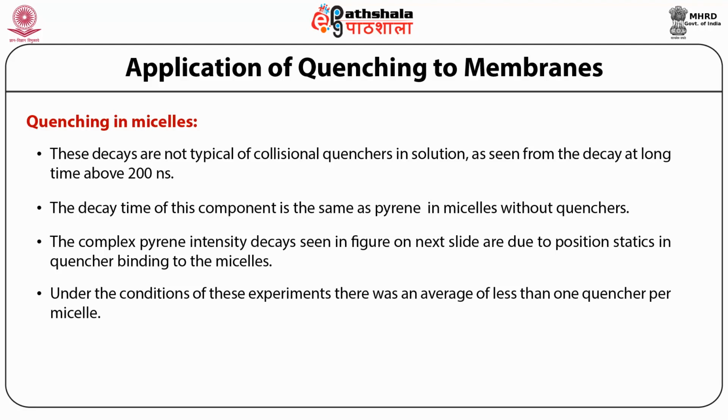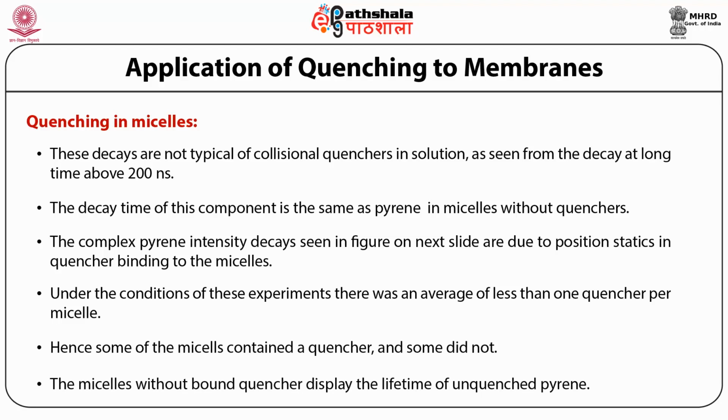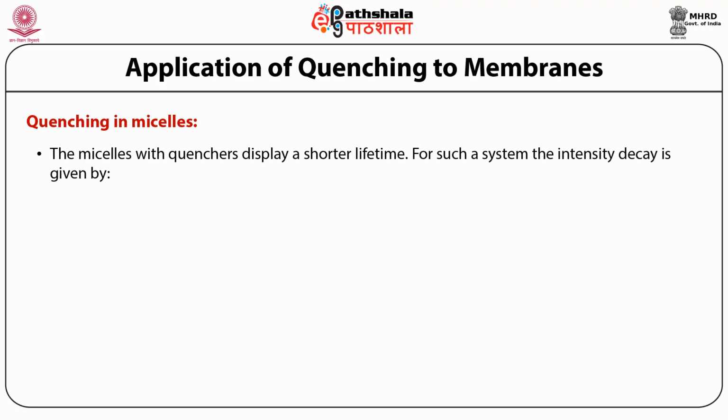Under these experimental conditions, there is an average of less than one quencher per micelle. So some of the micelles contained a quencher and some did not. Micelles without bound quencher display the lifetime of unquenched pyrene. The micelles with quenchers display a shorter lifetime.